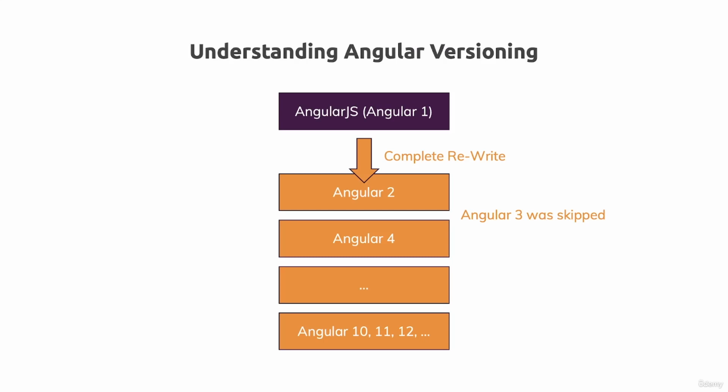Now, all these versions, however, are the same framework. The only difference is between Angular 1 and 2. We just have that many versions because the Angular team releases a new major version every 6 months. But that does not mean that every 6 months the framework changes entirely. The opposite is the case.